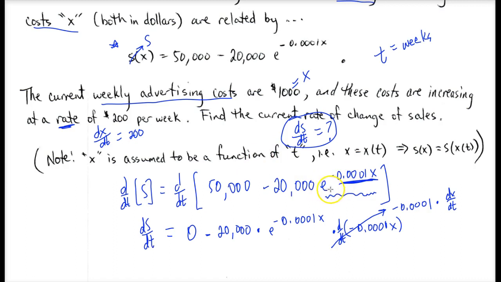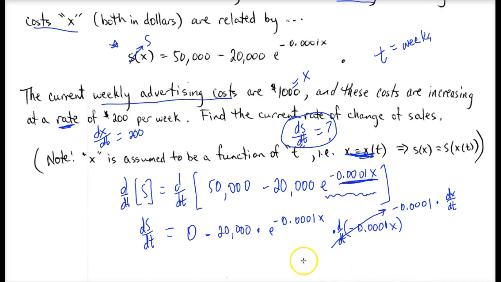So the chain rule is employed the first time by realizing that e raised to the blah is the outside function, and negative 0.0001 x is the inside function. But within that, we also recognize that x is a function of t, so the negative 0.0001 x of t is acting like a composition function within itself. So that's why we have to do the chain rule again to what the exponent is.